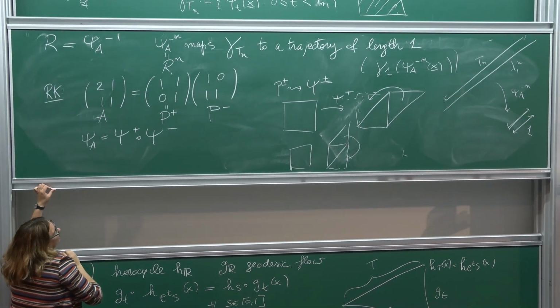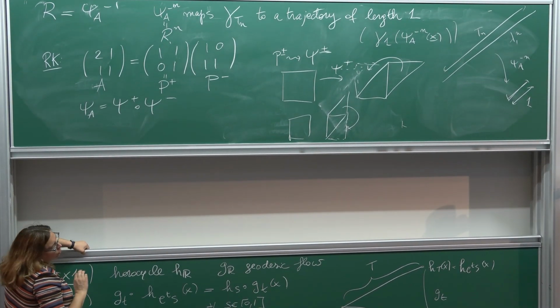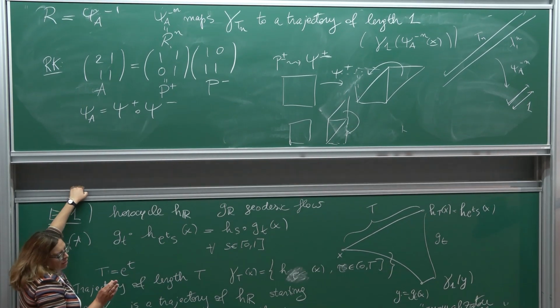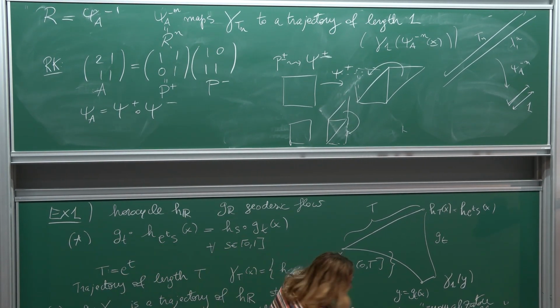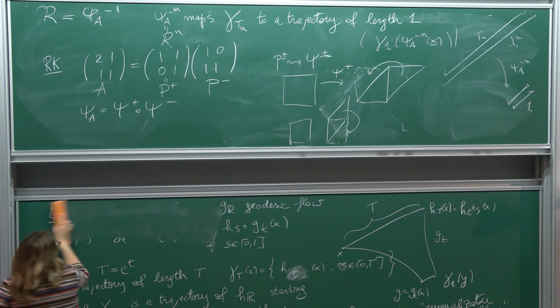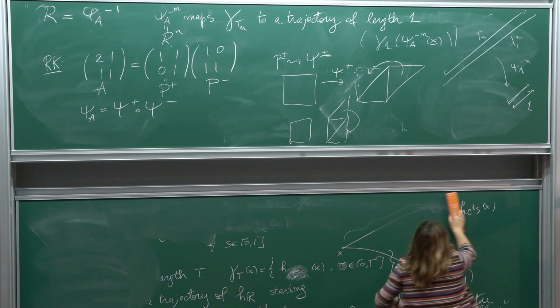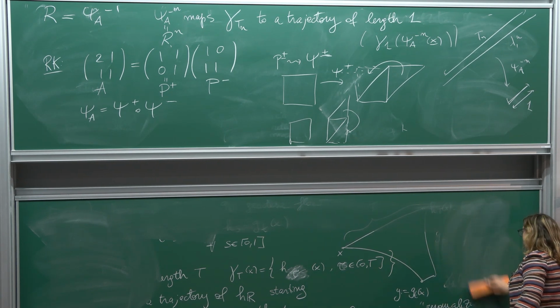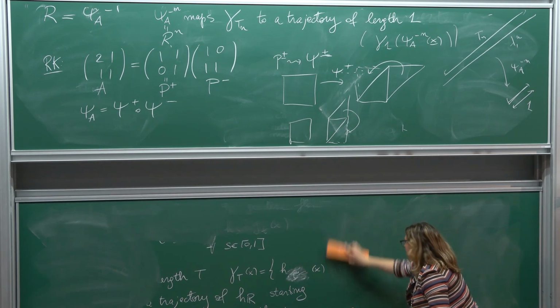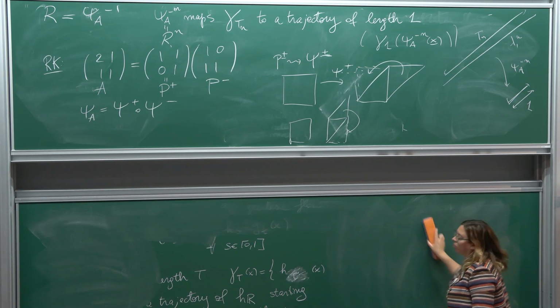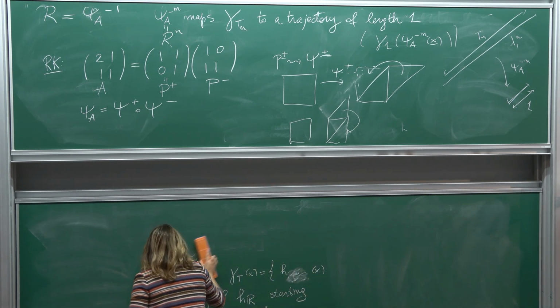But the other remark is that I could have chosen to rotate my square so that the direction I want to study, theta, becomes vertical. And then the action of this cut map would be given by a diagonal matrix.